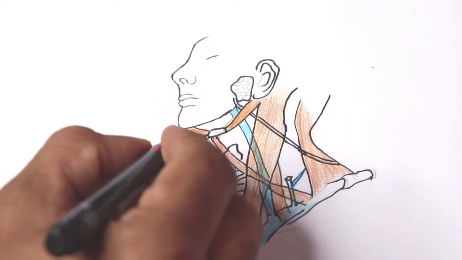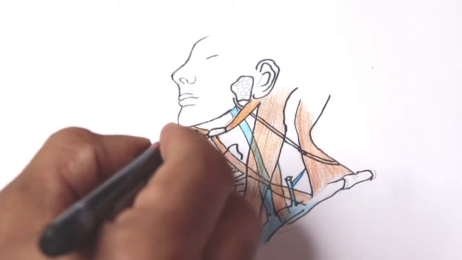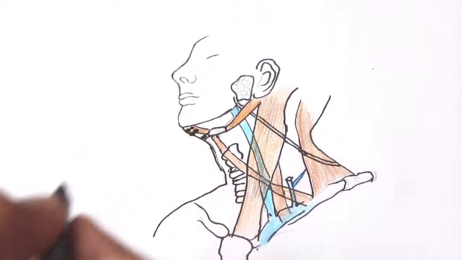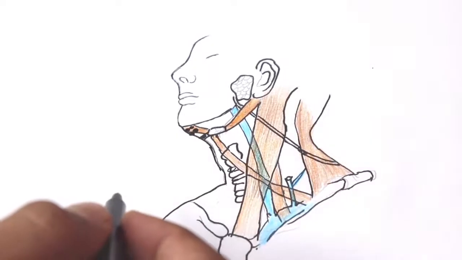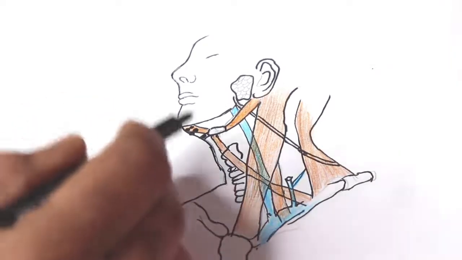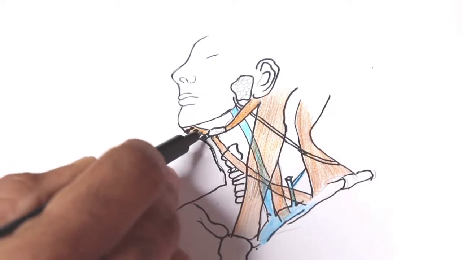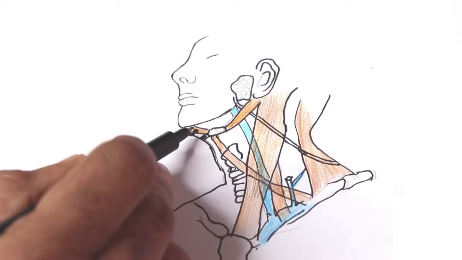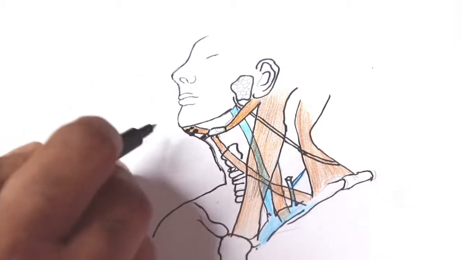The nodes which are coming over here are grouped as 1A. Within a triangular boundary of the anterior belly of the digastric muscles and the hyoid bone and the midline on another side, this is the submental triangle. So the nodes in this area are level 1A.